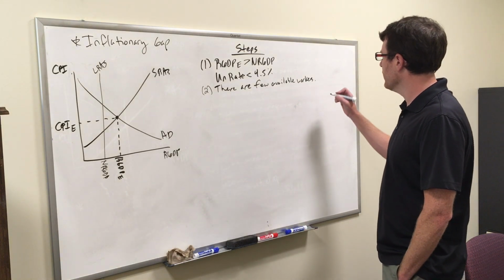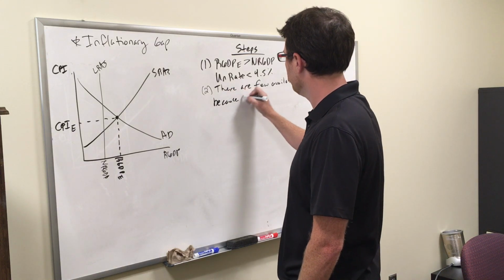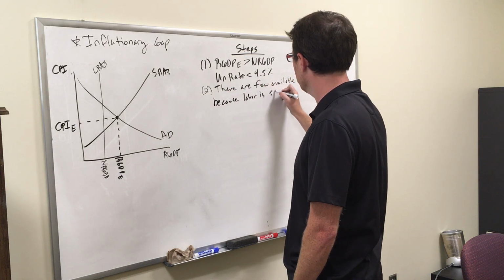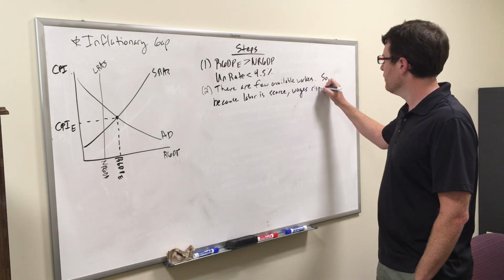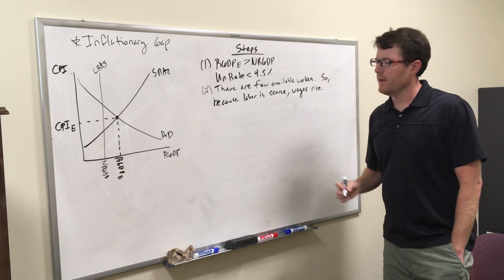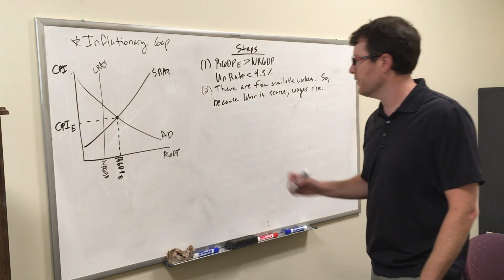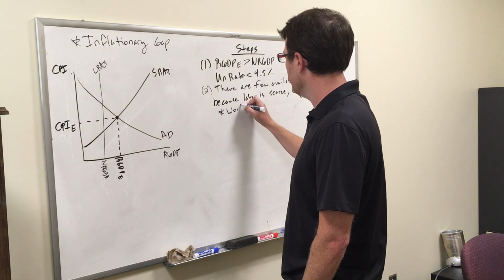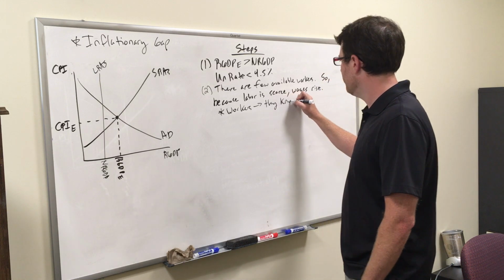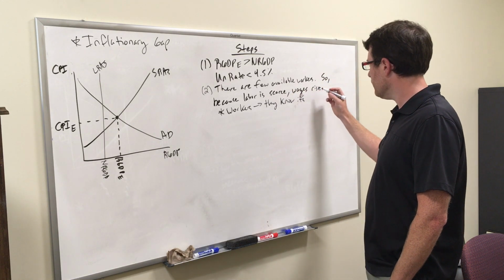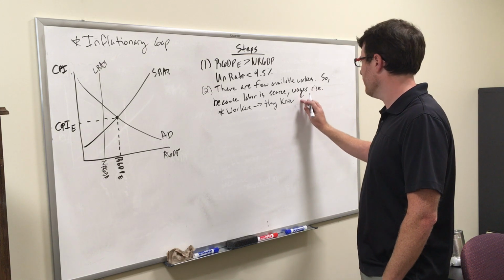There are very few available workers, so because labor is so scarce, wages rise. Okay? Thinking about this from either the businesses or the individual workers' perspectives. From the workers' perspective, they know they're scarce, okay?